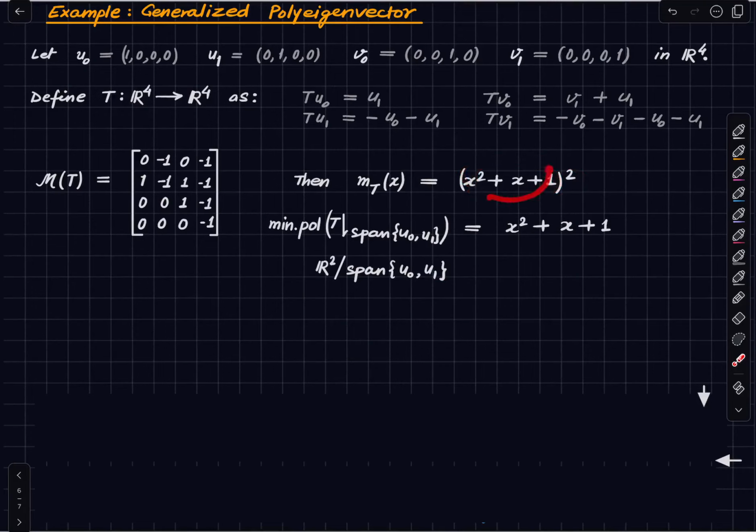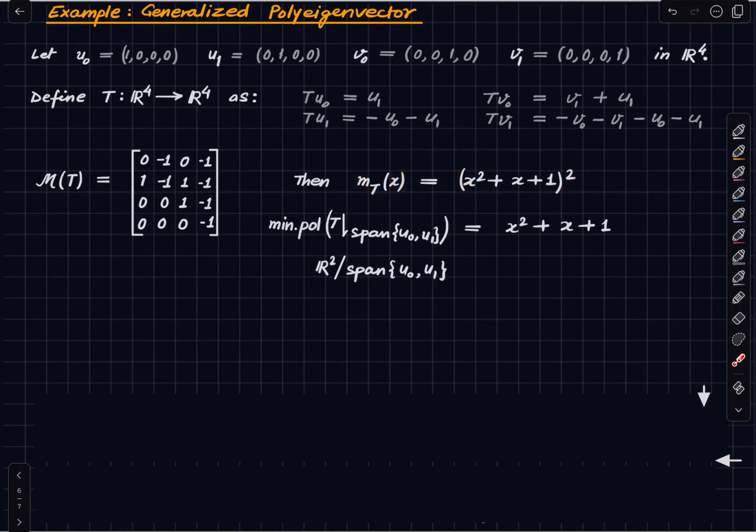But it cannot be the thing inside because T does not satisfy the thing inside. You can check that on V1. V1 is a witness that T does not satisfy this polynomial. So this is basically an exercise for you to figure out that the minimal polynomial of T is equal to this much. But I've given some details verbally.